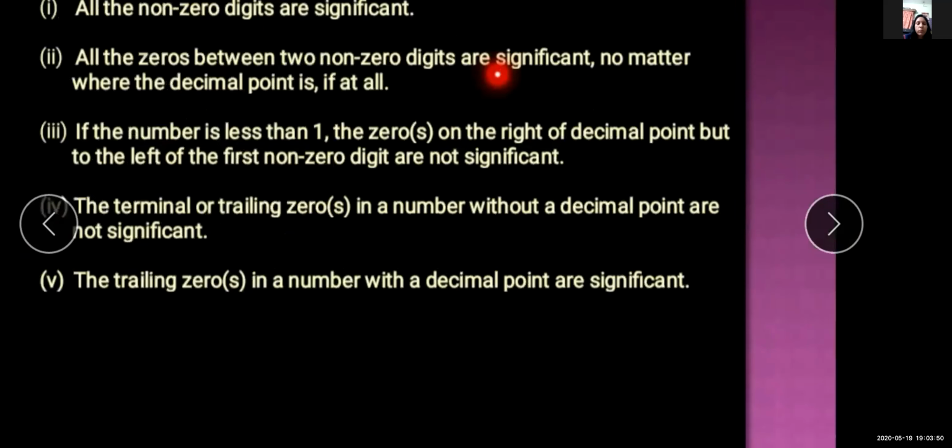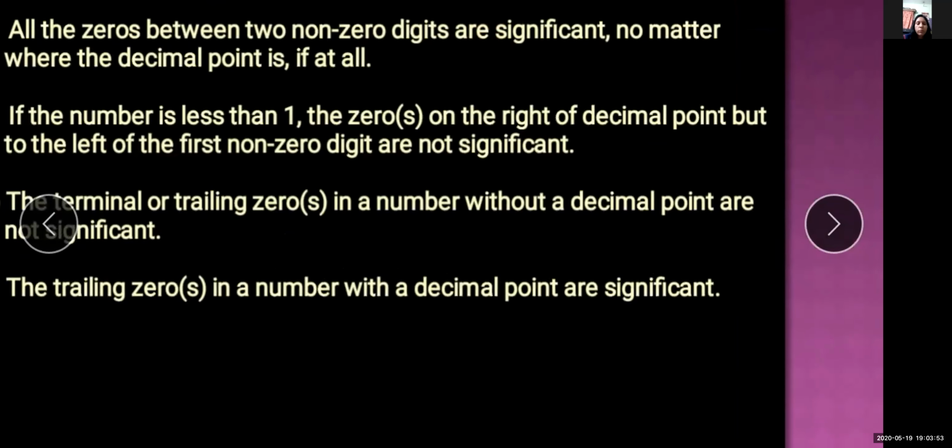Suppose we have the value 3.2500. So there are 5 significant digits, since the trailing zeros in a number with a decimal point are significant. I hope these points are clear to you. These are the rules for finding the significant figures.